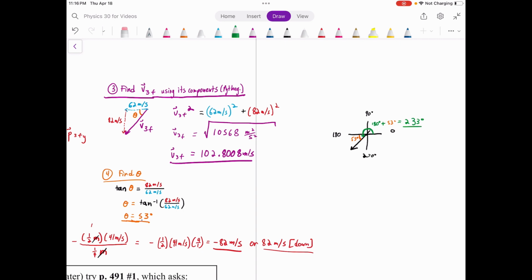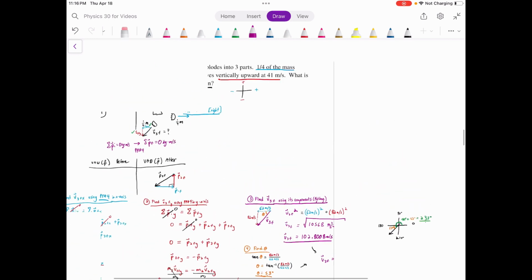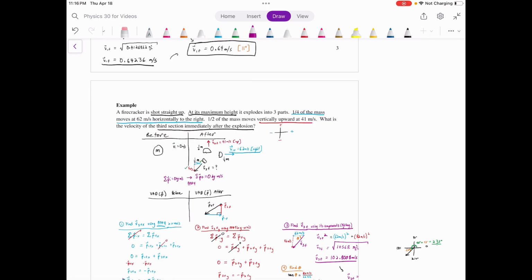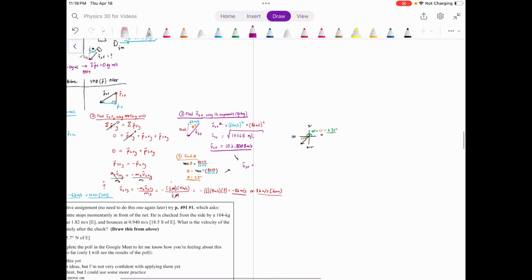If we just say that, people will know what we mean, right? They'll know we mean that's kind of down and to the left, in the third quadrant, we would say in math, right? So that is now a complete answer. So putting those together, what is our final velocity? V3 final is, how many sig digs do we get here? We get 2 sig digs. Okay, so I'm going to need scientific notation.